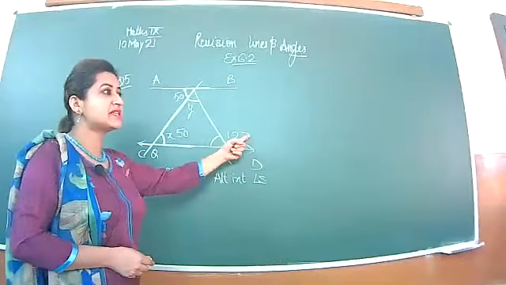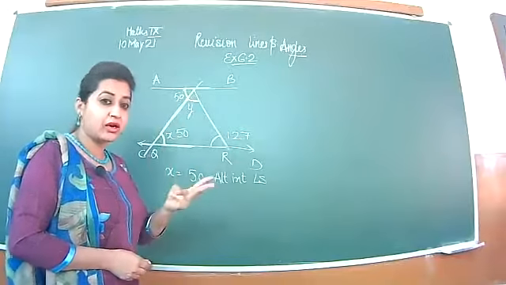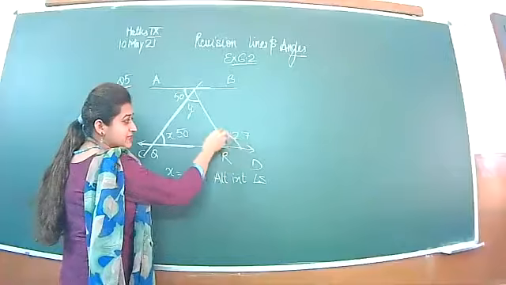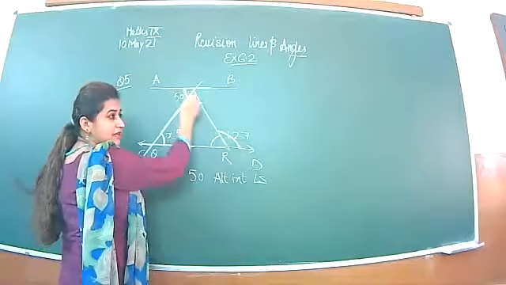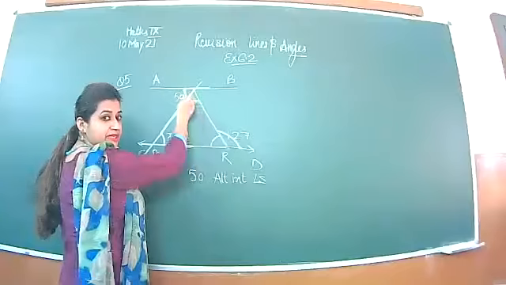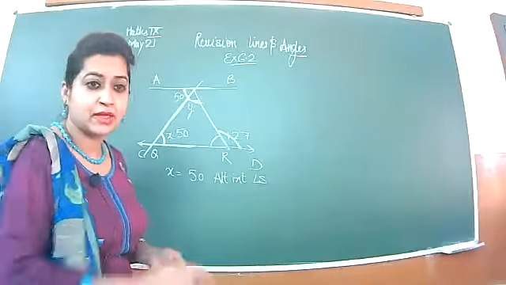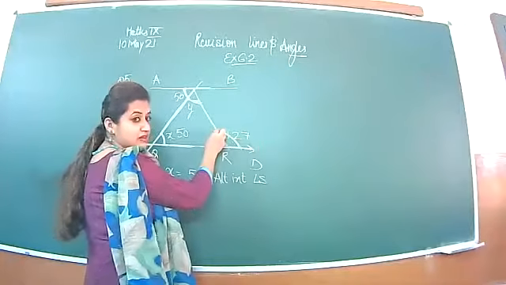Second way, exterior angle is equal to the sum of the opposite interior angles. Third way is, this 127 degrees is equal to the sum of these two angles. Why? They are again alternate interior angles. Because here this 127 is touching the parallel line and the transversal.